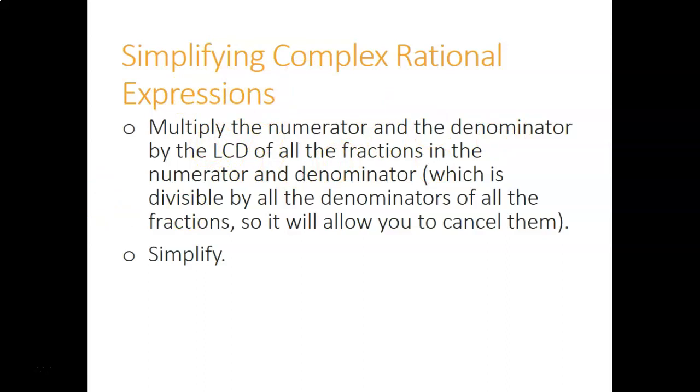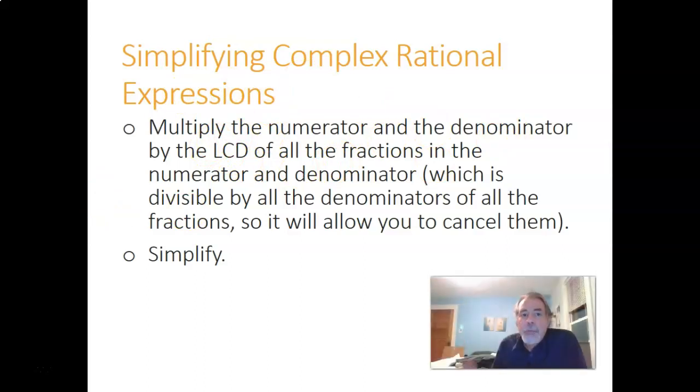Multiply the numerator and the denominator by the lowest common denominator of all the fractions that appear anywhere in the numerator and the denominator. That is, something that's divisible by all the denominators of all the fractions, because that's going to allow you to cancel all those denominators. And then it's just a matter of simplifying what's left. So let's see what that looks like.